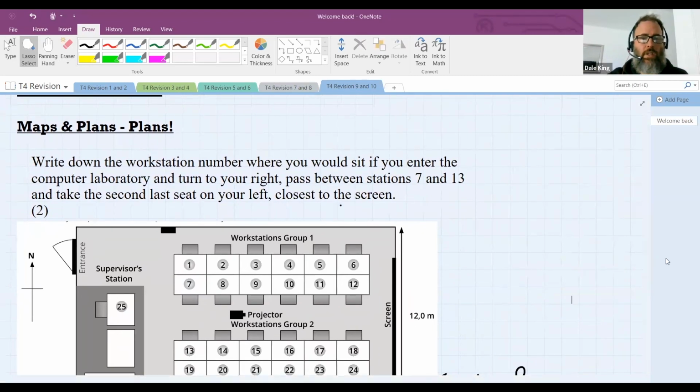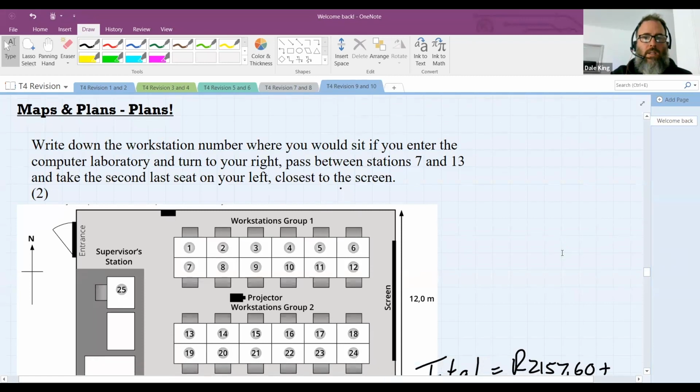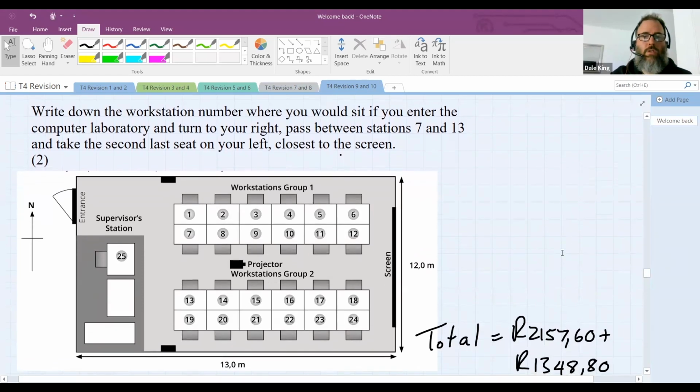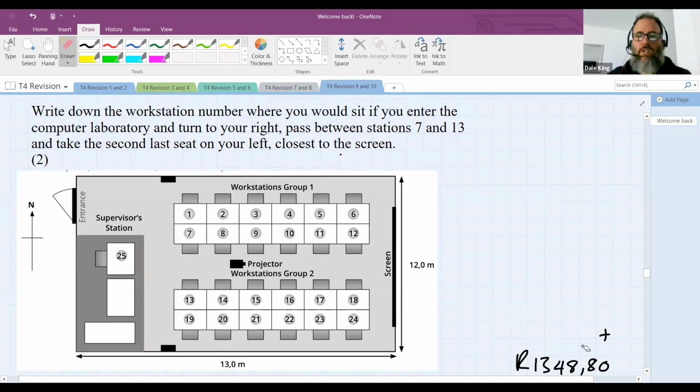Write down the workstation number where you would sit if you enter the computer lab, turn to your right, pass between stations 7 and 13, and take the second last seat on your left closest to the screen. What seat number is that? Read the instructions. This is like going from point A to point B, giving directions.